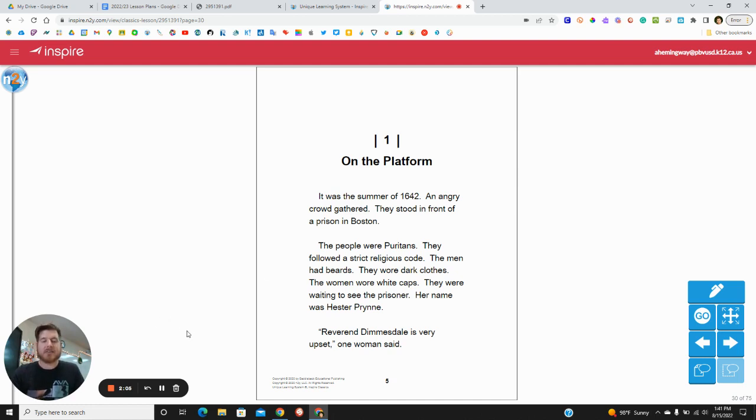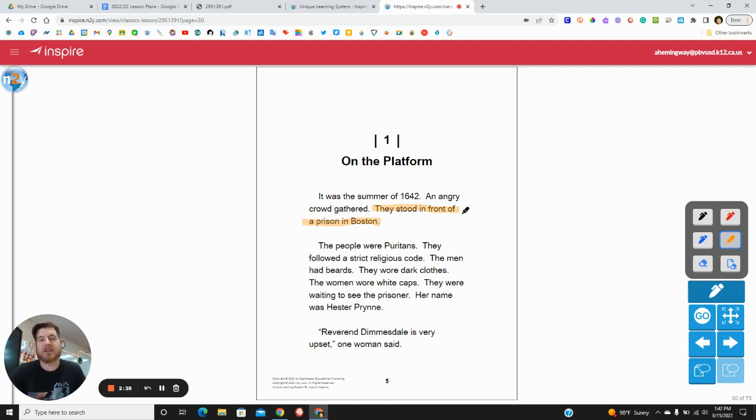Now, if I were to ask you the question, where did this story take place? Or at least in this chapter, where did this chapter take place? Well, this is an example of an explicit question because we have the information right in front of us. So right here, they stood in front of a prison in Boston.